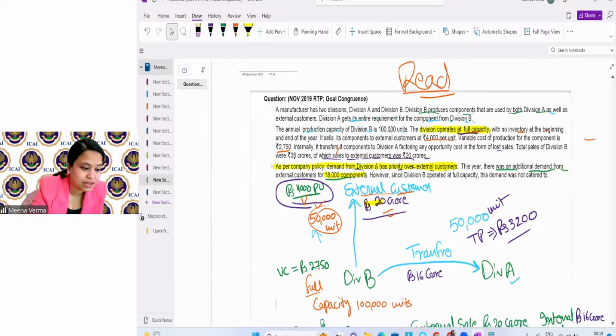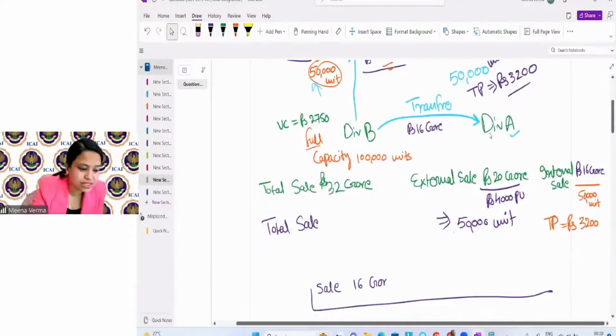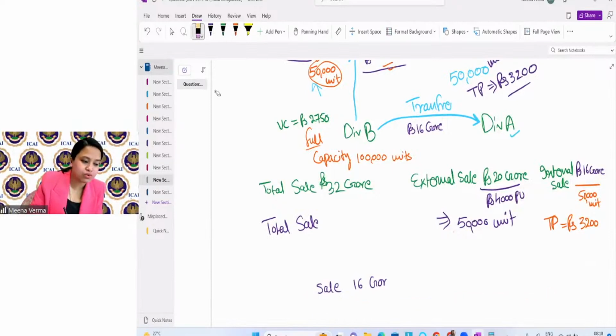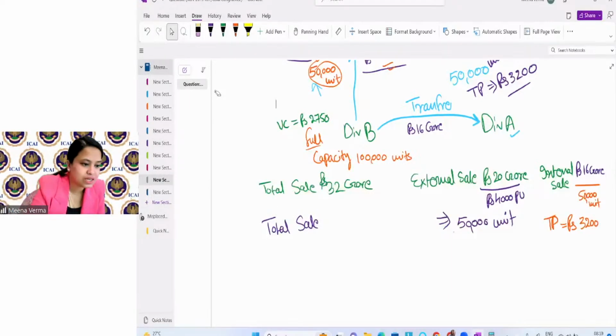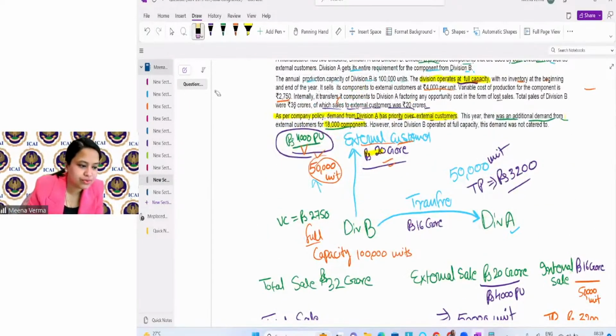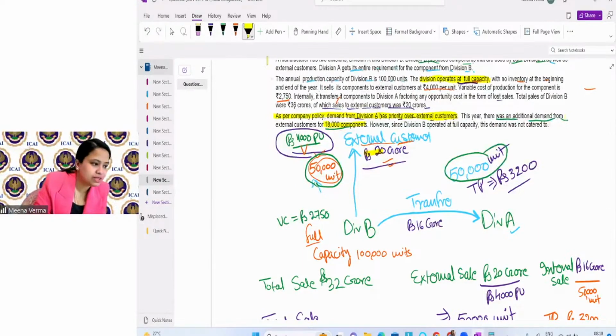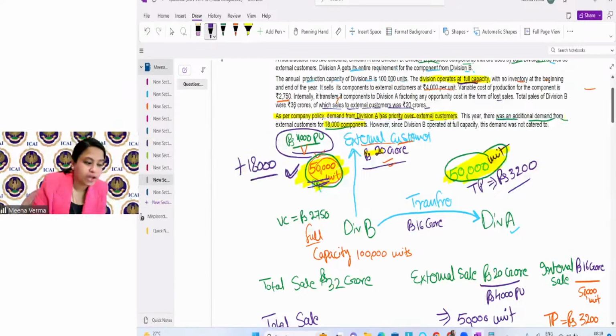Now, what is happening here? You can see the scenario: 50,000 units you are selling outside and 50,000 units you are transferring inside. Now the external market has increased by 18,000 more.